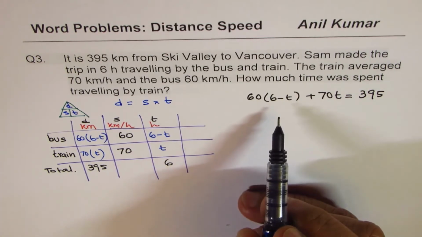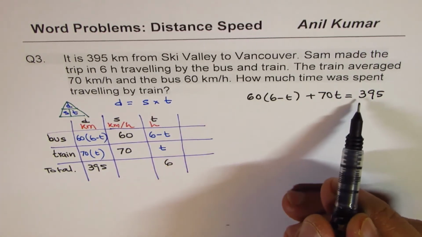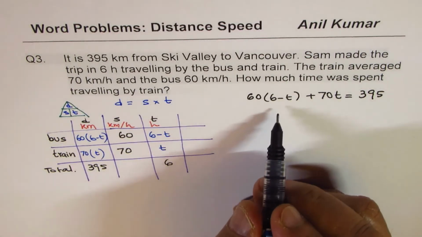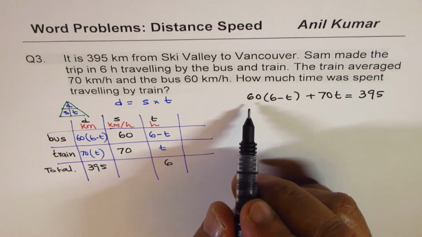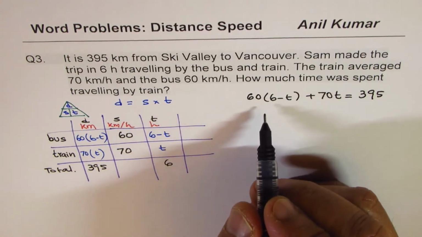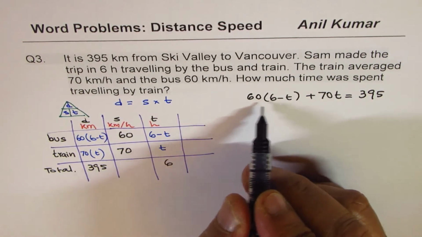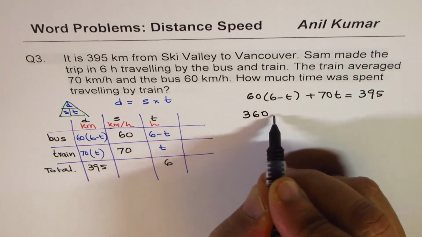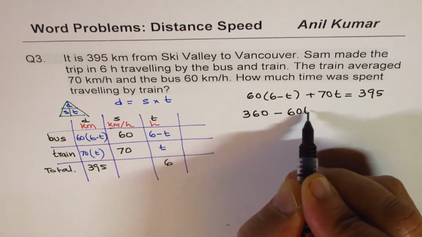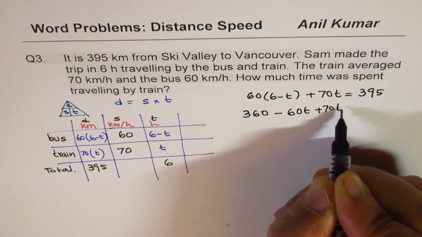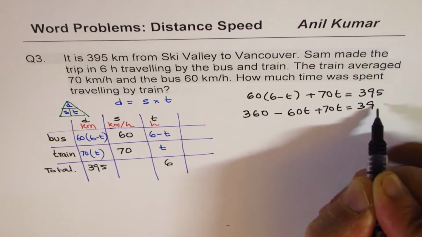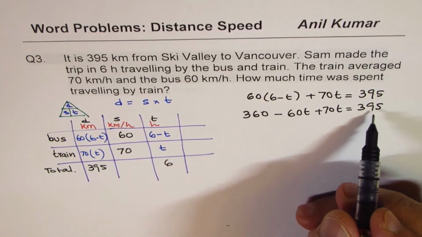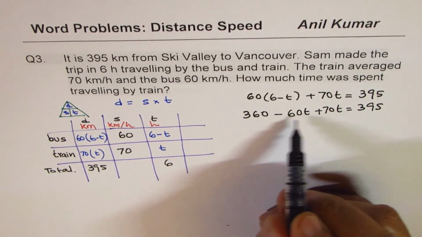Now, we can actually open this bracket, take the terms together, and then simplify. 60 times 6, 6 times 6 is 36. So we get 360 minus 60t plus 70t equals 395. Correct? Now let's bring similar terms together, well, we can simplify this first.